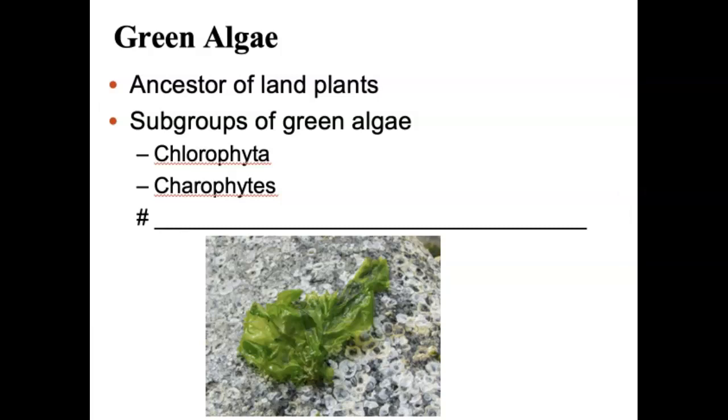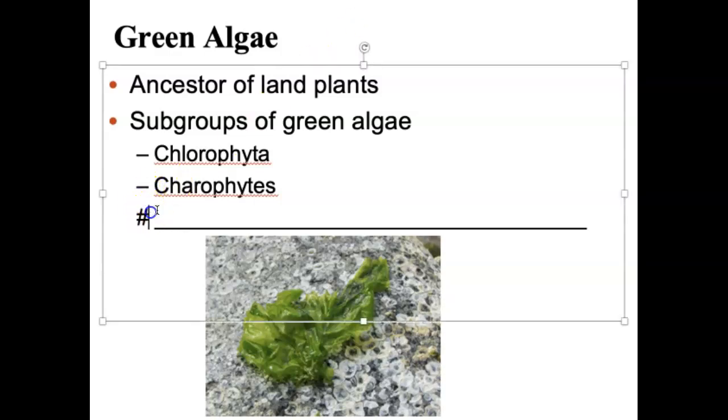And we'll talk about this more when we go to plants. When we talk about kingdom Plantae and look at the land plants, we'll fall back to the green algae and say, okay, how did green algae evolve to a terrestrial existence? And I'll show you guys, we'll walk through that path, through that evolutionary process.